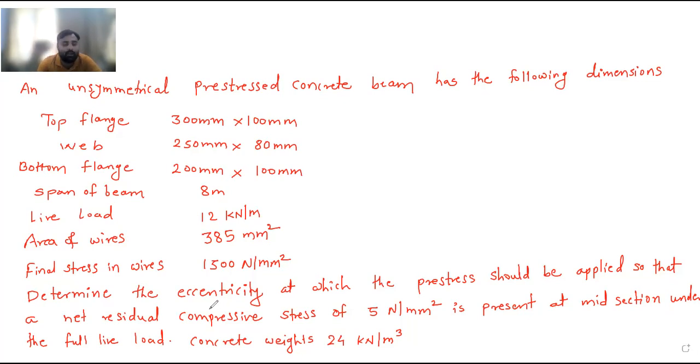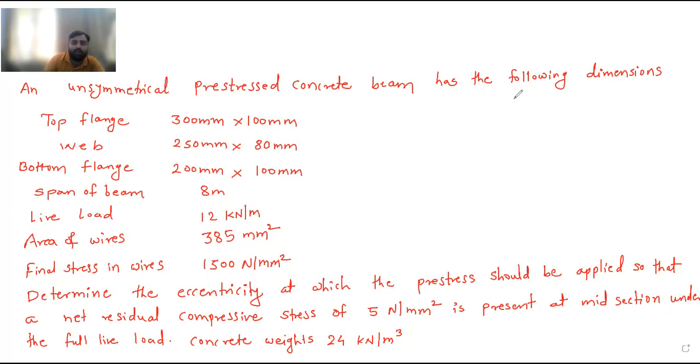Under the full live load means at the final stage, not at the initial stage. At the final stage, the residual stress which will remain at the bottom is 5 Newton per mm square and it is compressive.